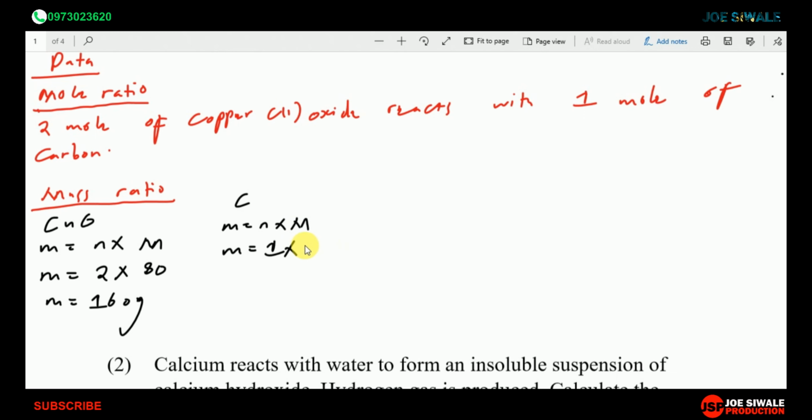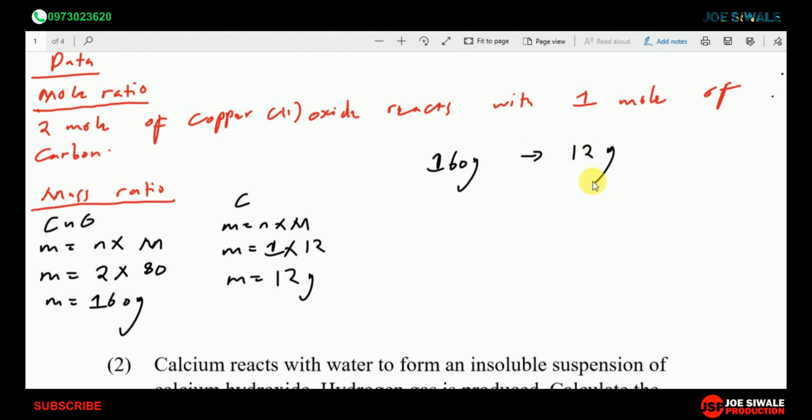So we put our 12 there. Mass is equal to 12 grams. So here we can write in this form: 160 grams of copper 2 oxide is reduced by 12 grams of carbon.